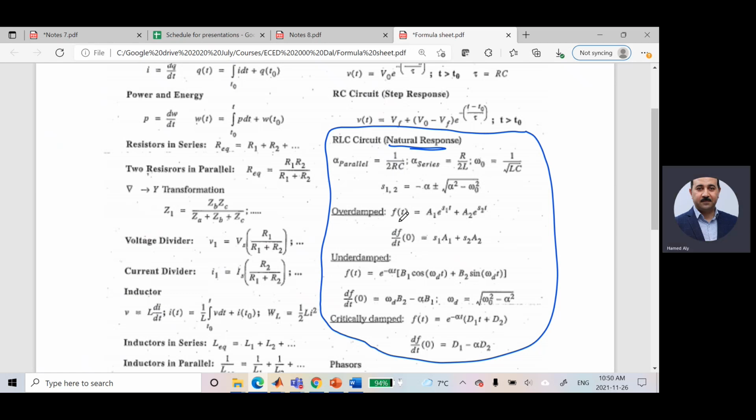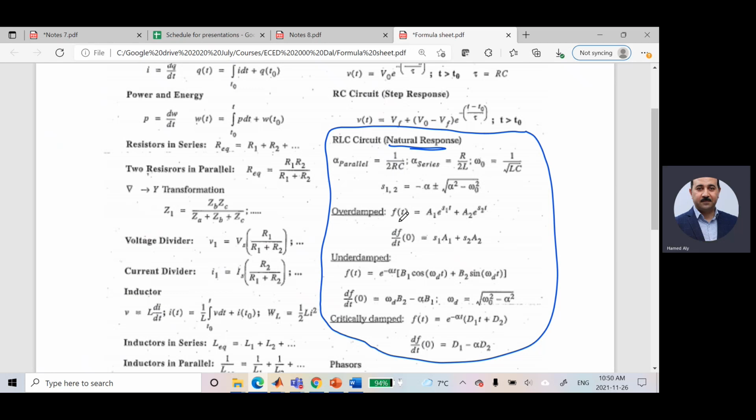It is representing v of t, right? If I'm talking about natural response RLC series, we derived which equation? Current or voltage? Current. So f of t is representing i. Are you seeing what I'm talking about, guys?